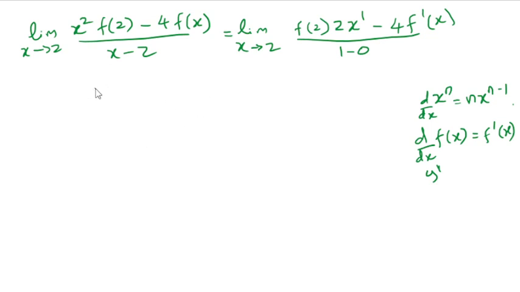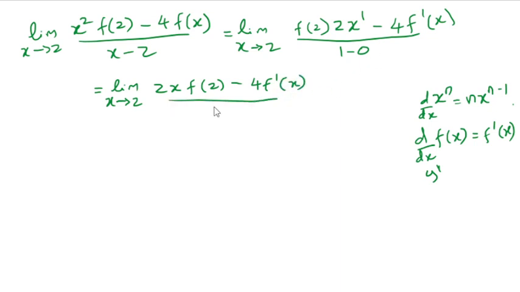So we have limit x tends to 2 of 2x into f of 2 minus 4 times f dash of x over 1 minus 0 becomes 1. Now we apply the limiting process.